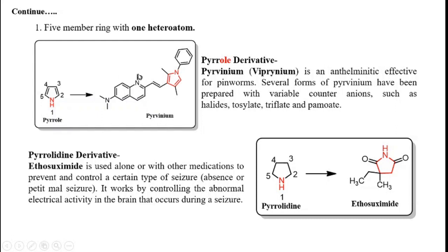But in the case of pharmaceutical chemistry, that is organic chemistry, this present functional group is called a pharmacophore. That means the functional group which is very essential for the pharmacological action. That's why all the functional groups are present here.